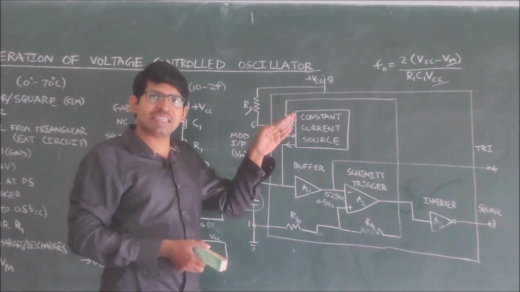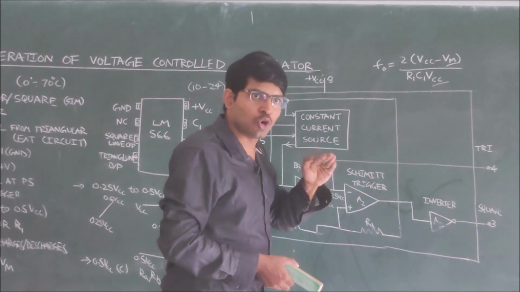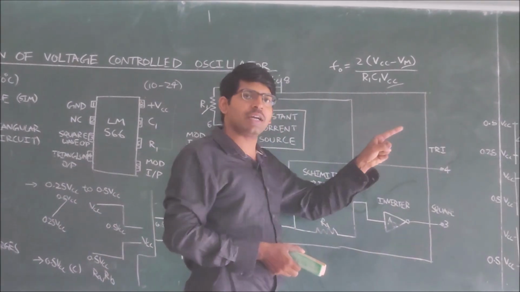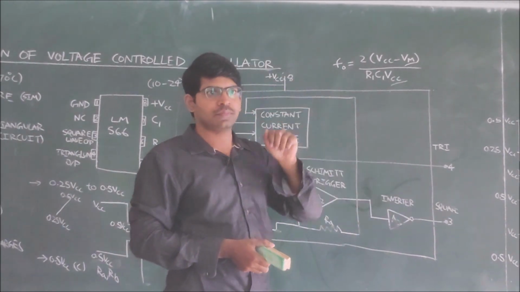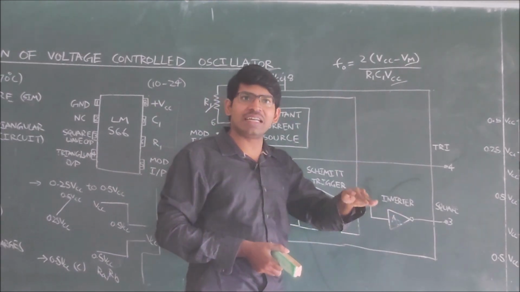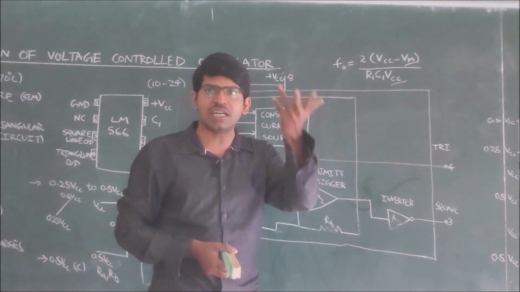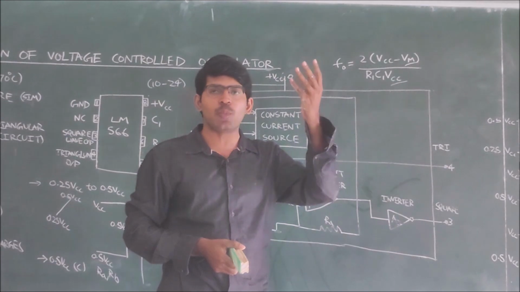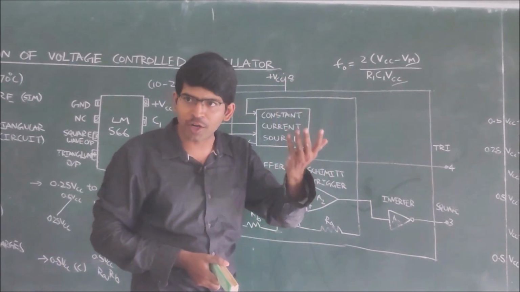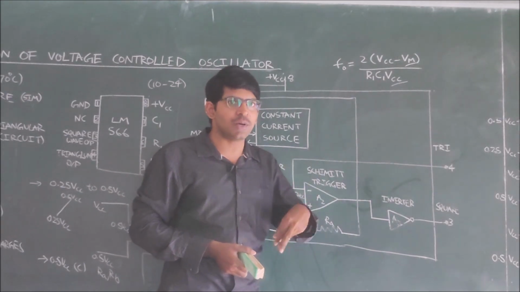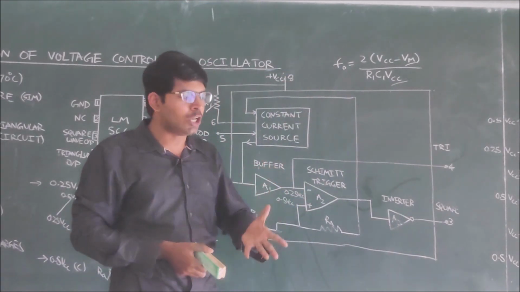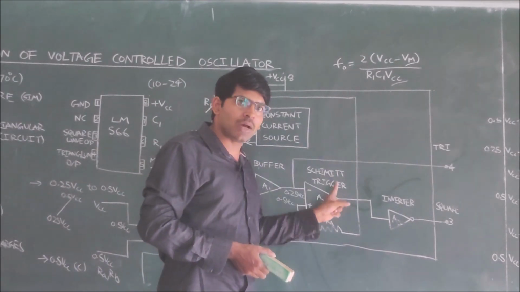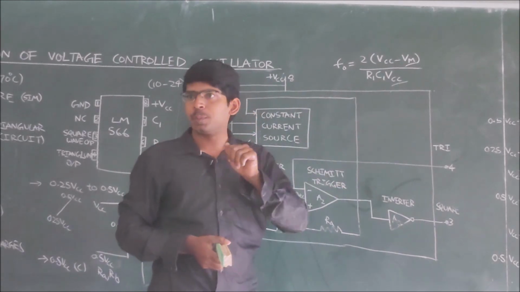And whenever the capacitor voltage is rising from 0.25 VCC to 0.5 VCC, then the Schmitt trigger output will be voltage high. And whenever the capacitor is falling, what we call discharging, the voltage in the capacitor falls from 0.5 VCC to 0.25 VCC, which is nothing but the capacitor discharging through the resistors RA and RB, then the voltage output at the Schmitt trigger will be low.